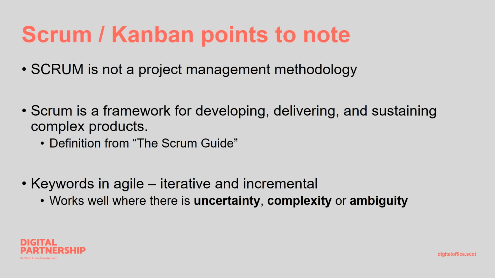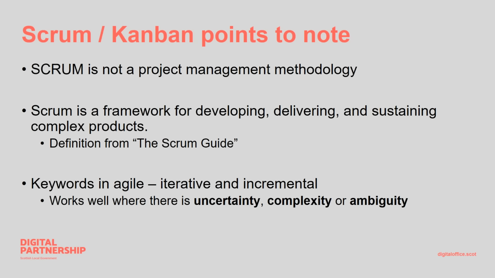A couple of other points to note. Scrum is not a project management methodology. The Scrum Guide itself, right at the start, says Scrum is a framework for developing, delivering, and sustaining complex products. And I think that's where, taking that on board, the Agile techniques can work very well at that managing product delivery process within the Prince2 environment.